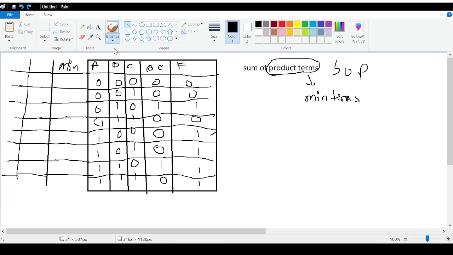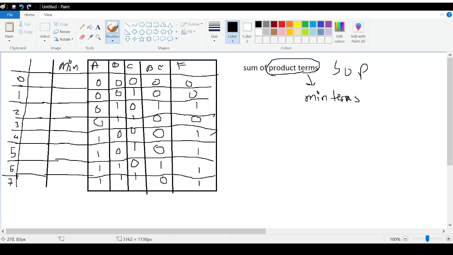So this combination is called 0, then 1, 2, 3, 4, 5, 6, 7. This is called the zeroth min term: min term 0, min term 1, min term 2.